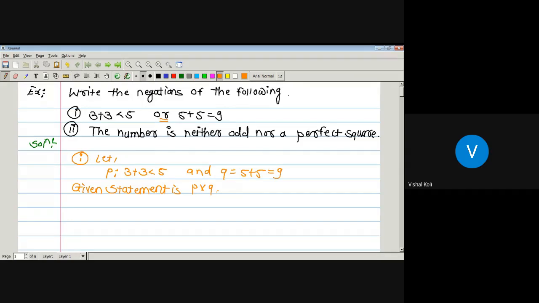The negation of a disjunction is the negation of P and the negation of Q. That is, the negation of the statement P or Q is equal to negation of P and negation of Q.